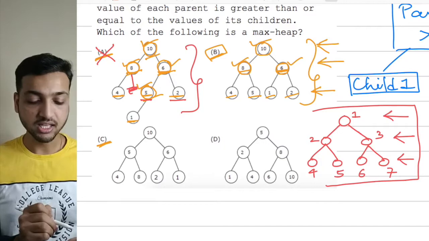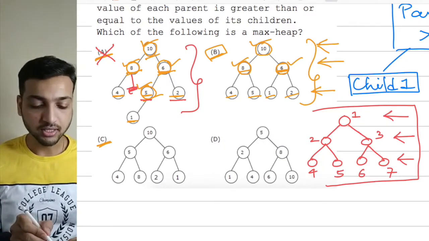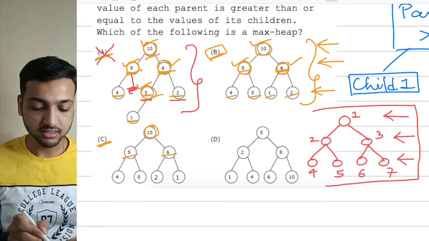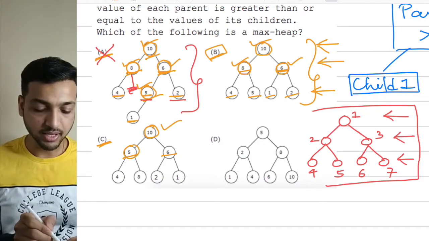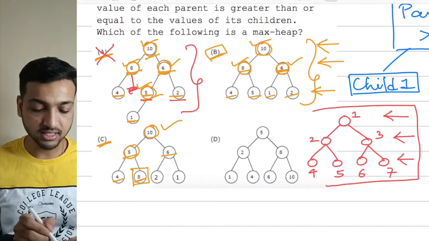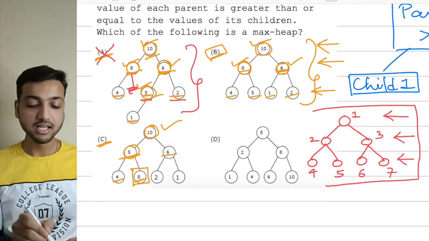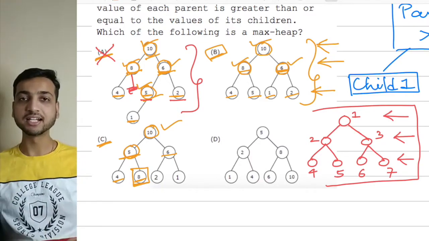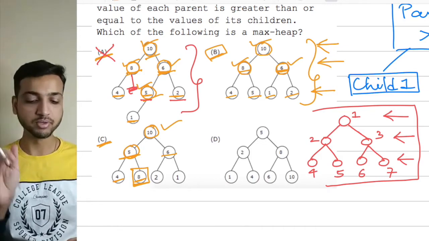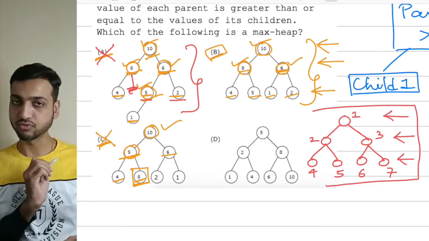In option C, this is a parent and both children are less, so this is okay. This is also a parent, this is less, okay. You see, there is a problem here. For 5 as a parent, the child has a greater value, which violates the max heap property. So C is definitely out of competition.